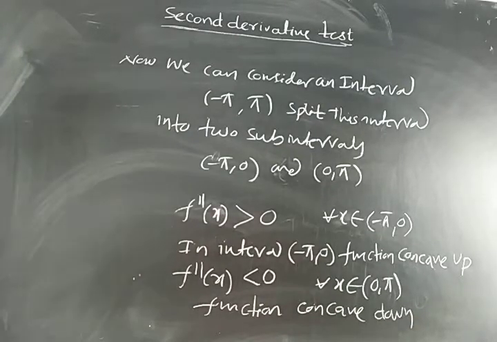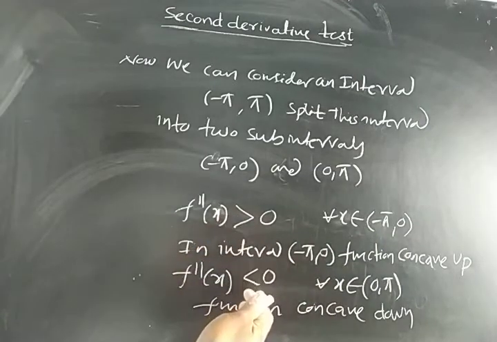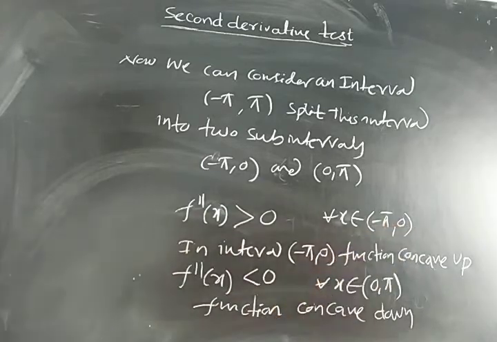So the concavity changes sign from positive to negative, passing through 0. So 0 is known as a point of inflection.